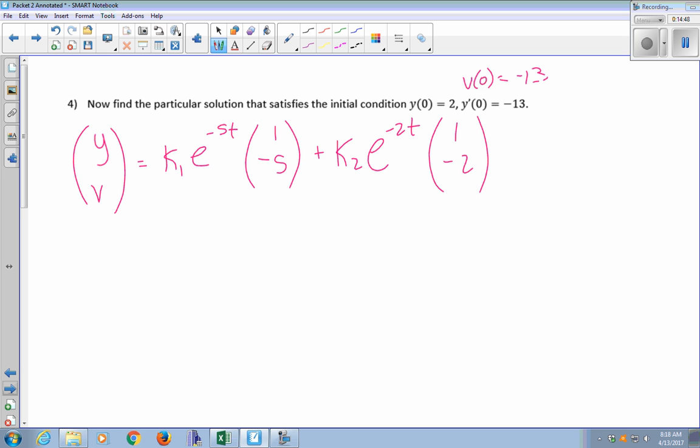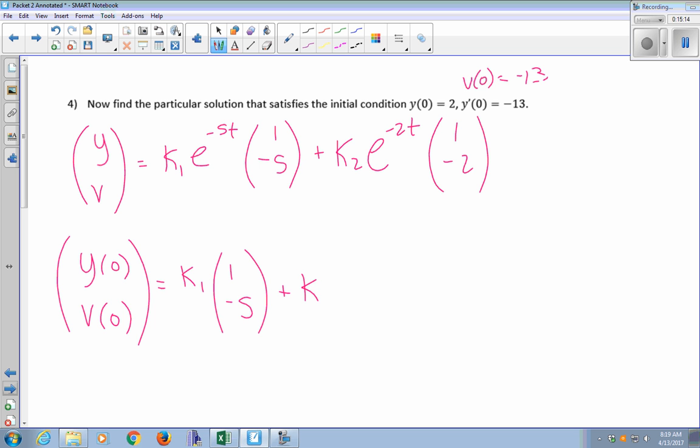Y prime is v, right? So if I put 0 in for my t's here, I should get 2 as the top entry and negative 13 as the bottom entry. So this just becomes k1 times 1, negative 5 plus k2 times 1, negative 2 equals 2, negative 13.